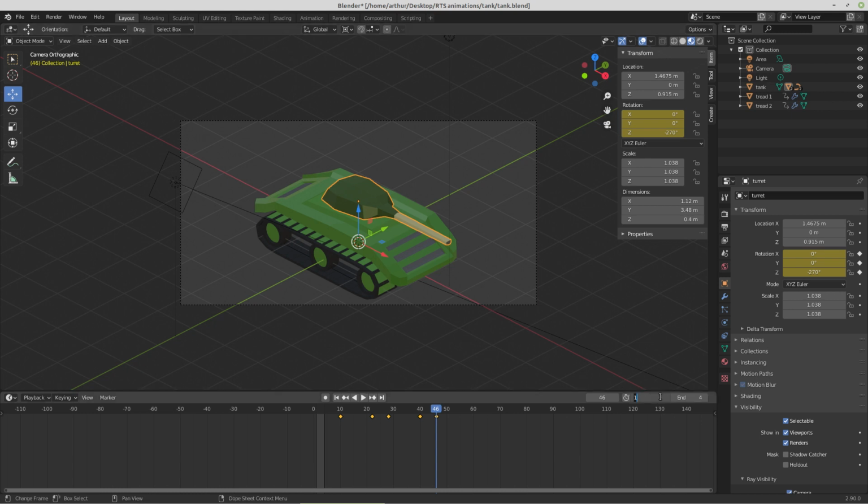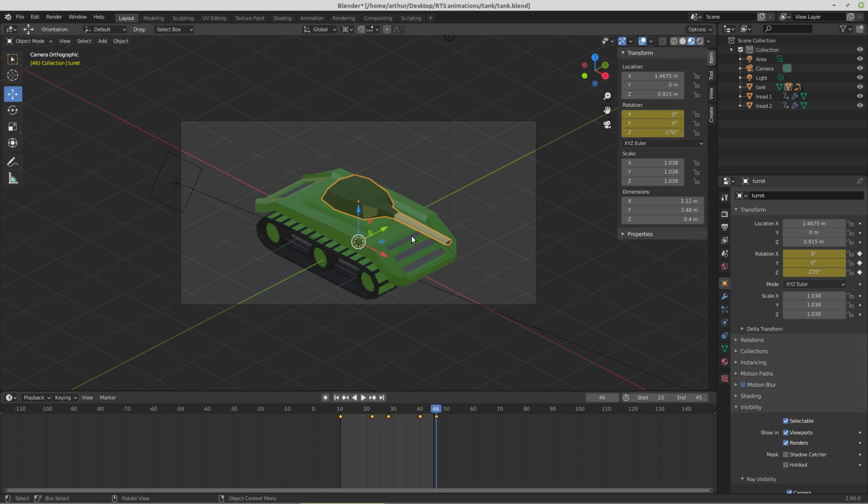So now what we would render for animation is from frame 10 to frame 45. And we don't render frame 46 because it's a repeat of frame 10.